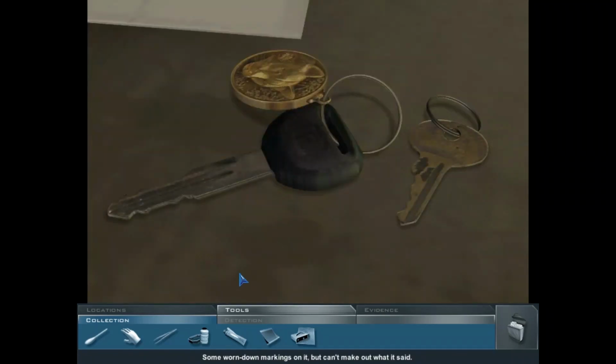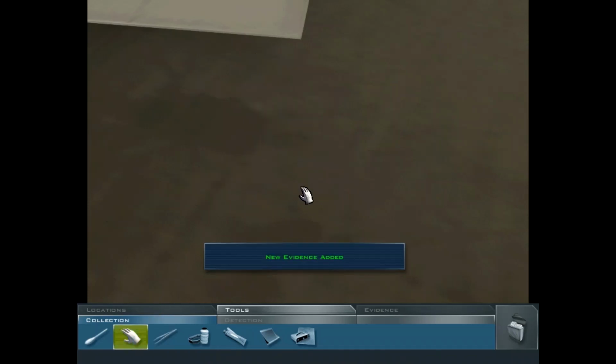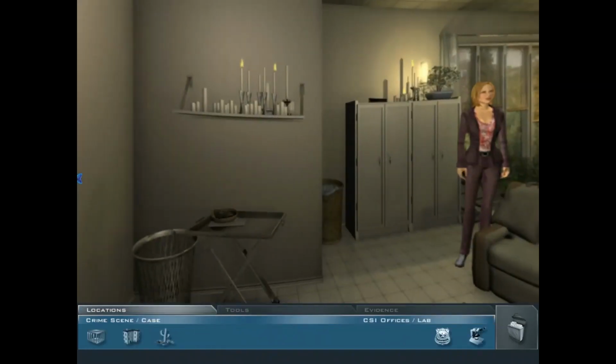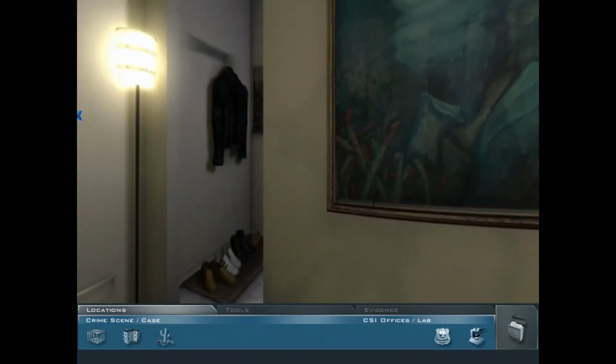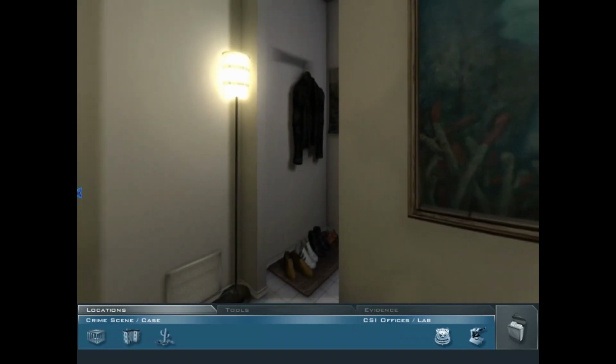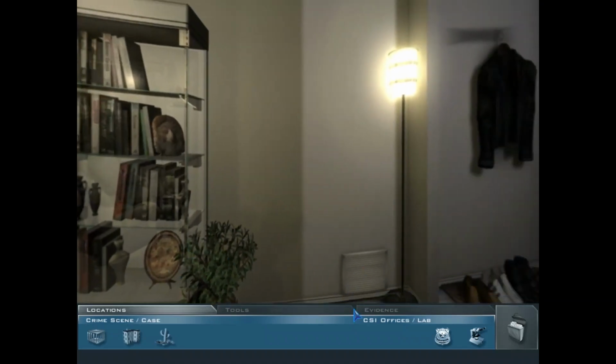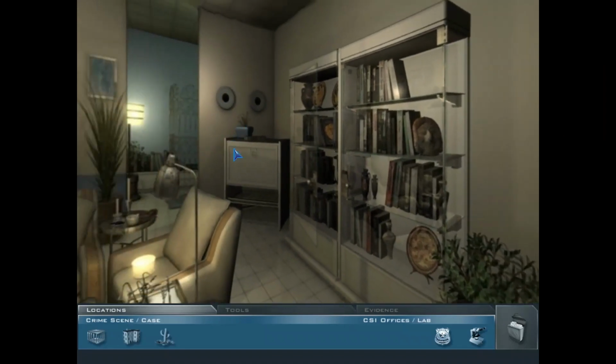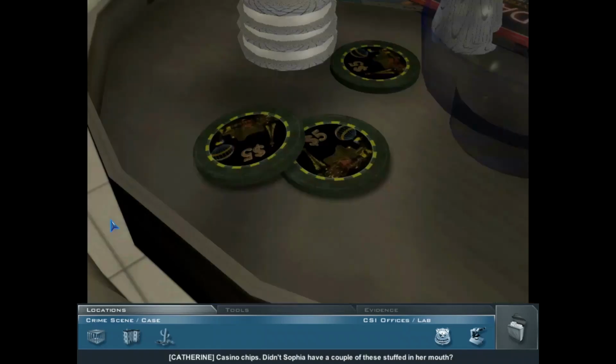Some worn down markings on it, but can't make out what it said. Casino chips. Didn't Sophia have a couple of these stuffed in her mouth?